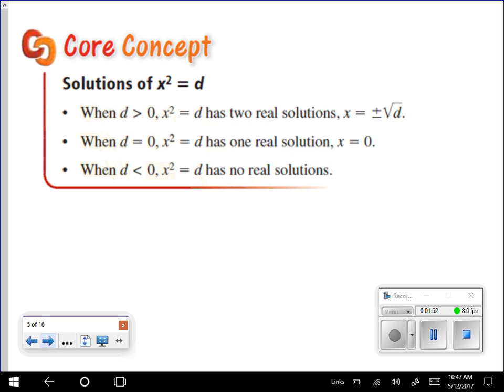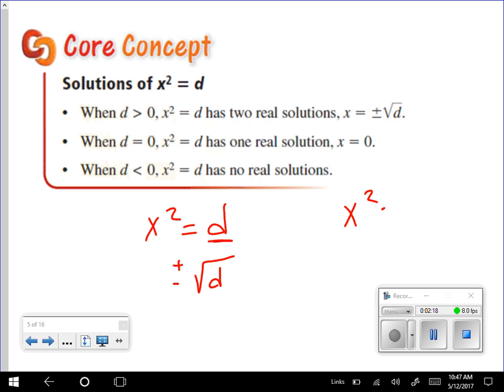So when we have an equation with a squared term, making it a quadratic, if d over here is greater than 0, x is going to equal the square root of d, and it could be plus or minus. So there's going to be two answers. So I'm going to give you a quick example of that here.